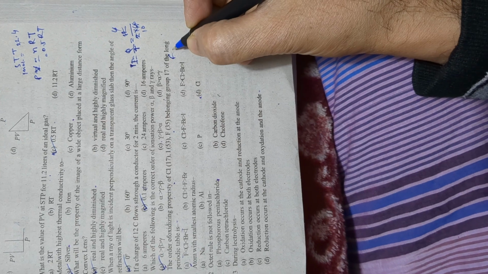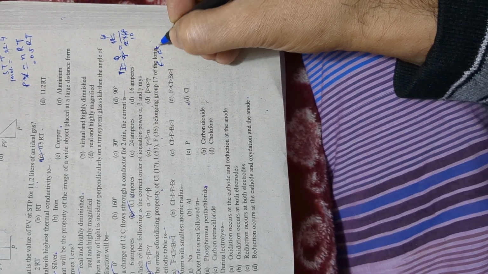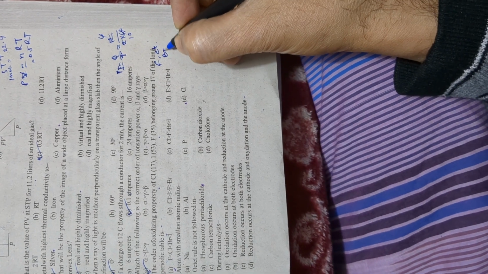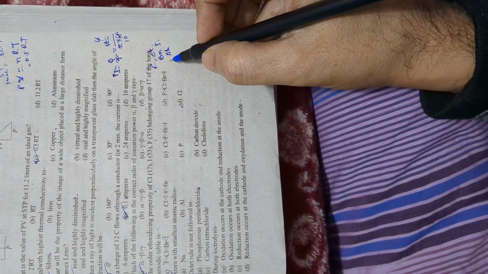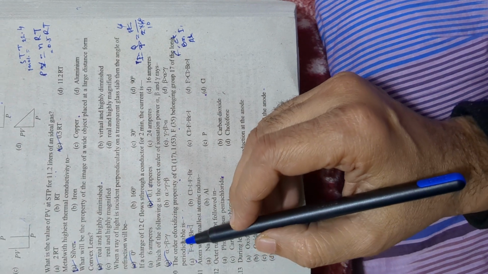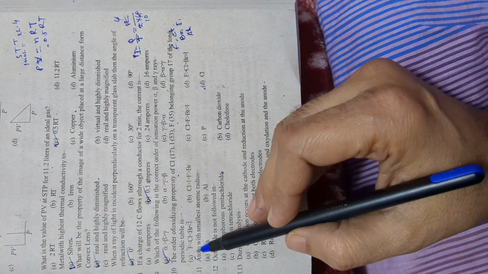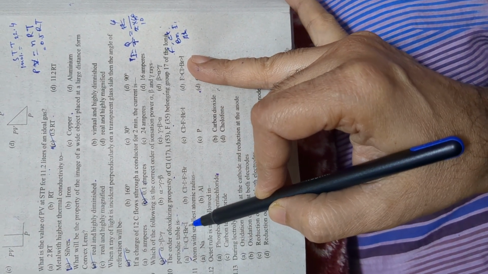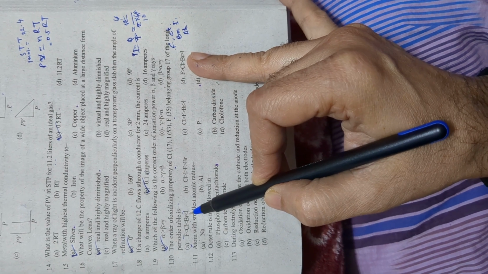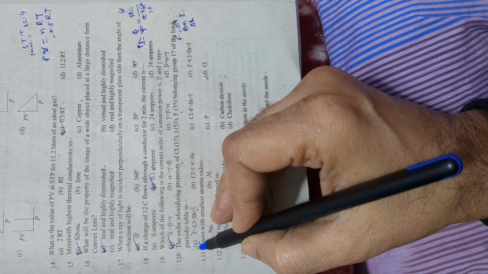Phokla means fluorine, then klo means chlorine, boro means bromine, ayat, I means iodine, at means astatine. Okay, in such a manner you can memorize this. Then the order of oxidizing property, that means phokla boro ayat, this one is correct. Because electronegativity is greater, so I think this one is correct.